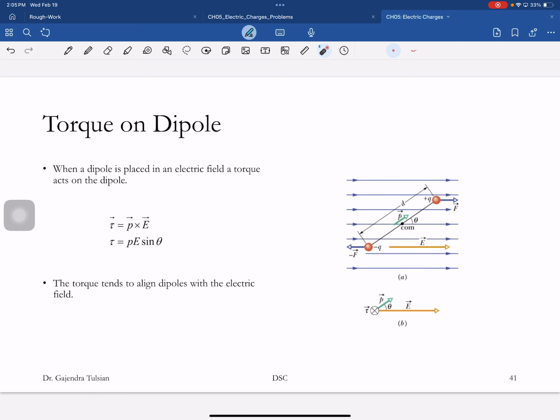All right, so that's how you heat your food. Okay, so if you have a dipole, you place it in a uniform electric field, you exert a torque on the dipole, and the torque is P cross E. Torques, what do they do? They turn an object. They give an object spin.